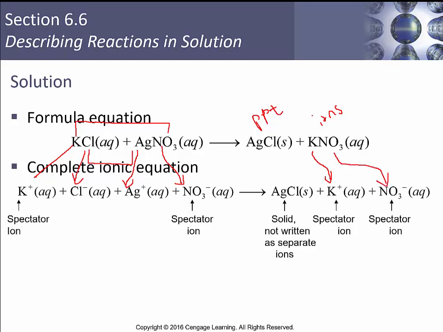And if we look at it, we got our K plus is the same on both sides, so it's a spectator ion, and our nitrate is the same on both sides. So it is nitrate on the left and nitrate on the right. Those guys are our spectator ions.